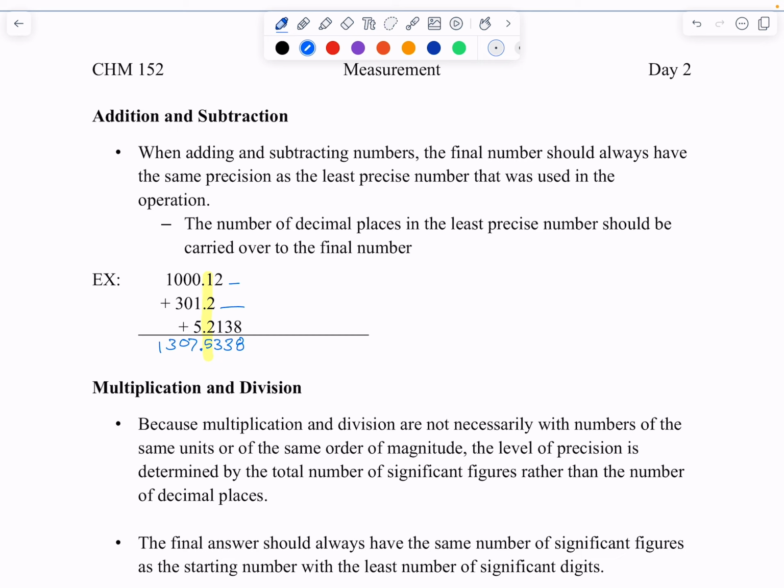Like I have nothing to go on there because that could be 301.29, 301.20. That's a huge difference. We don't know where it is, and so I can't assume anything. So now what I do is I look at this 3, and since that's a 3, we're going to round down, so this becomes 1307.5. That's it. All right. So when we add and subtract, we go to the right as far as possible.